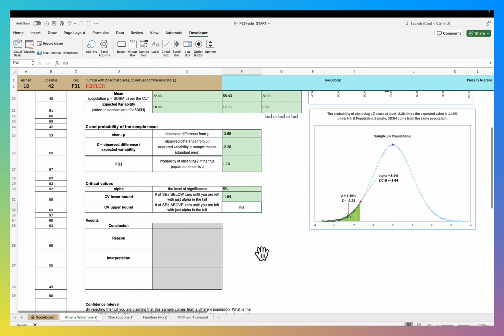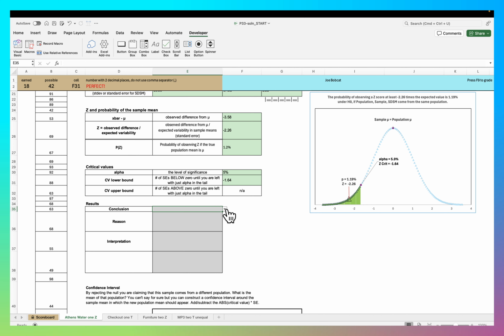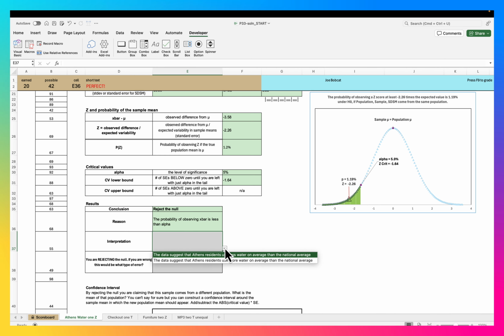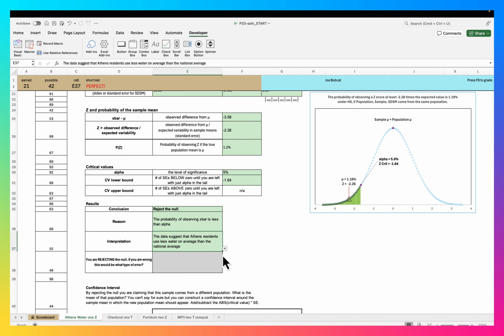So our conclusion is that we're going to reject the null hypothesis. We're in the rejection region, and the reason is that the probability of observing x bar is less than alpha. 1% is less than 5%. The interpretation is that the data suggests that Athens residents use less water on average than the national average.